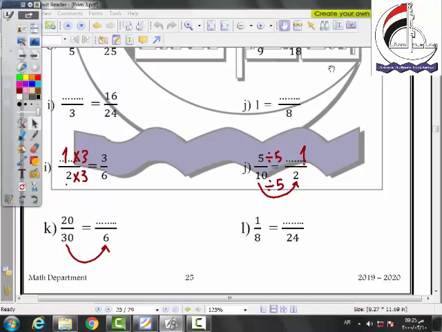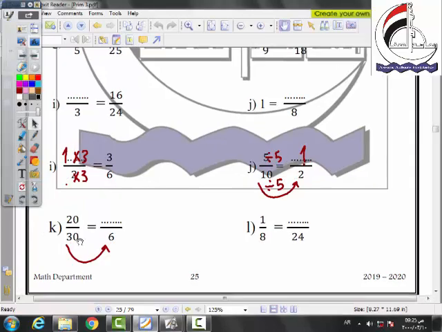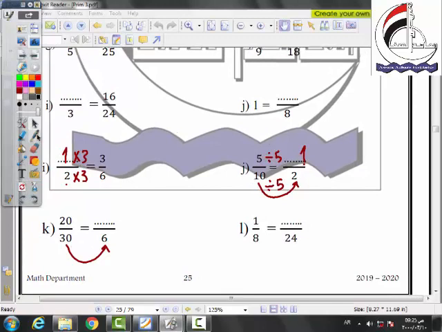If the number increases, we multiply, but if the number decreases, we divide. Divided by what? 30 divided by 5 equals 6. Down and up, 20 divided by 5 equals 4. Then 20 over 30 equals 4 over 6.